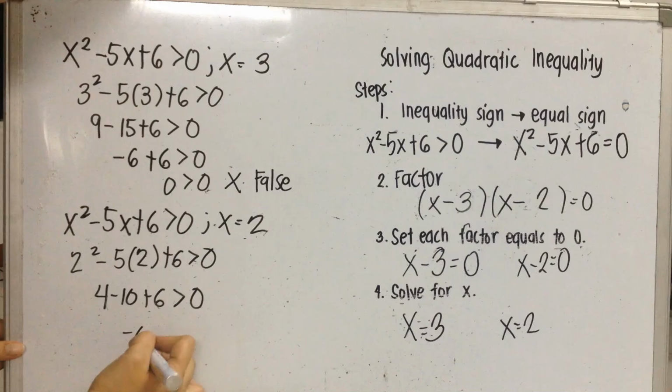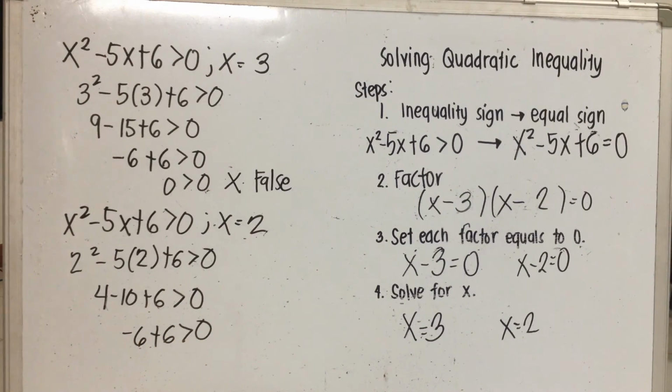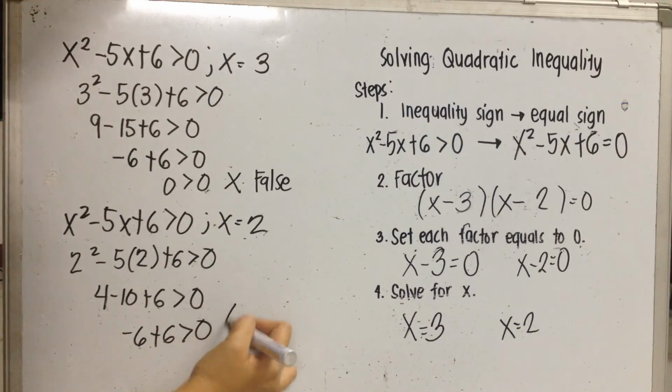So, ito ay negative 6 plus 6 is greater than 0. So, what does this mean? So, the given inequality having a value of 2 as x, this is false.